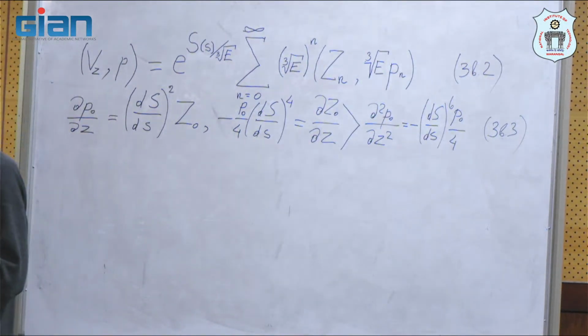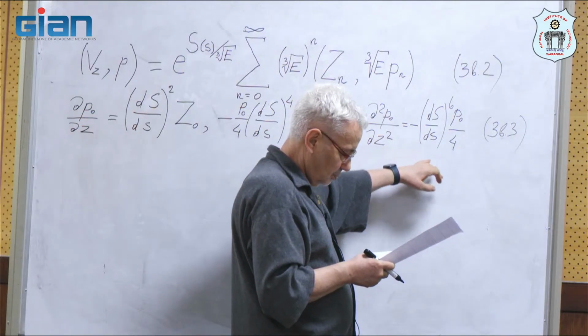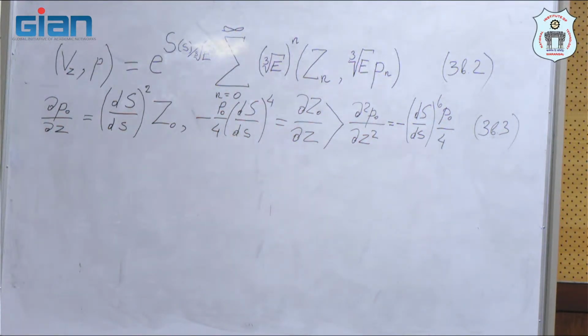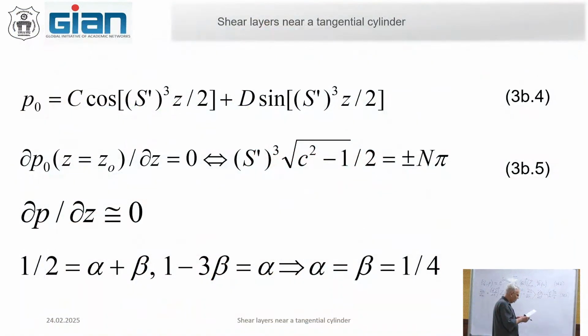And it's important that for this value we have a general solution for this equation, and it could be represented as it is written here, but I will repeat it and explain.